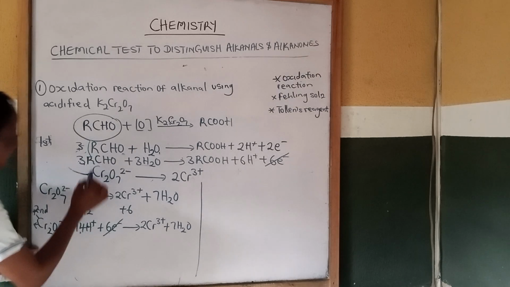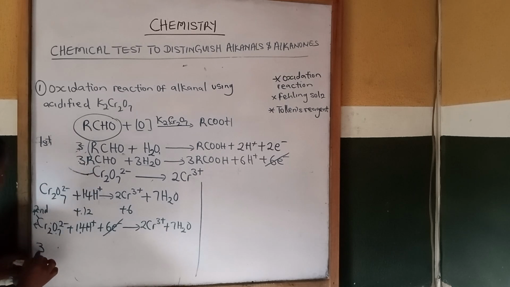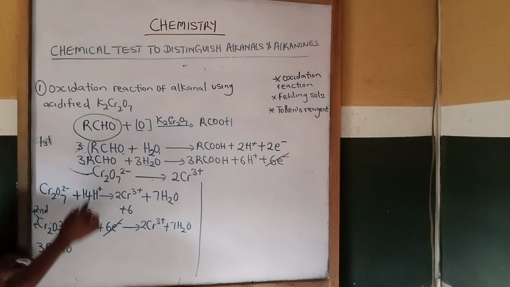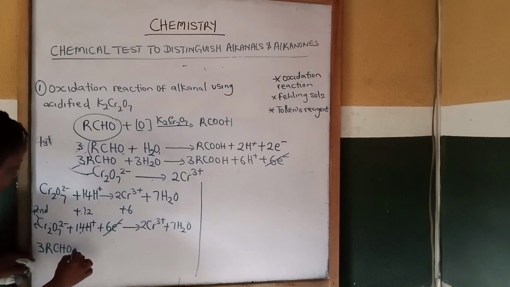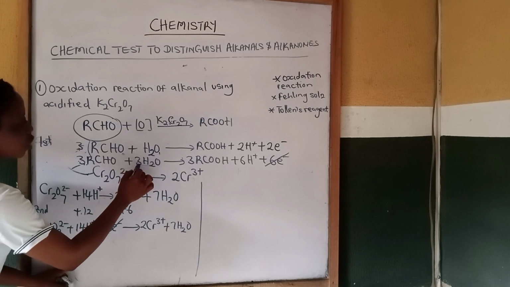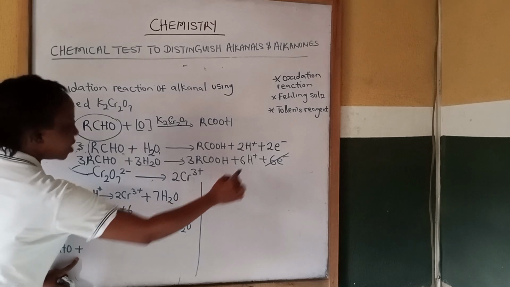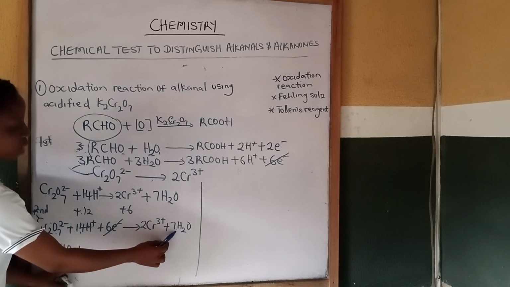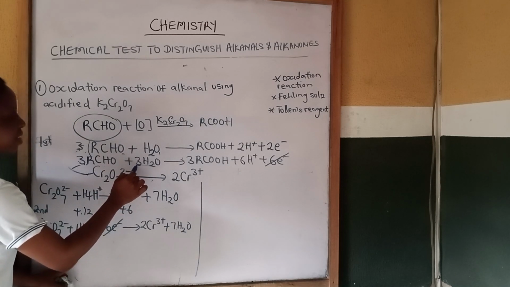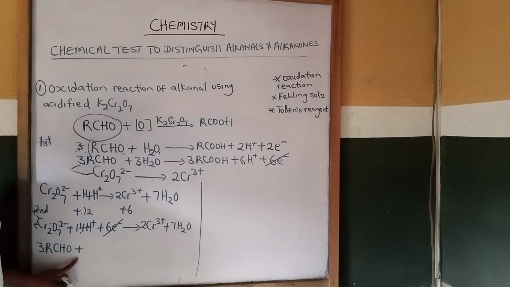So, the first thing at the reactant side is 3RCHO plus we have 3 water molecules here. So this side we have less water molecules than this side. So we have 7 water molecules here. So we are going to what? Collect the like terms by moving these 3 water molecules to the side where we have 7 water molecules.